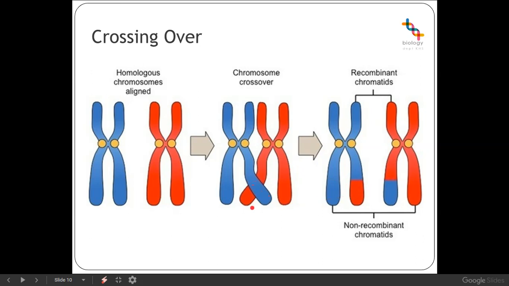And in terms of gene linkage, what we're really thinking about is the fact that, remember we said that there's specific genes present on different loci of different chromosomes. Well, it might be that we see a similar pattern of inheritance between one allele that's up here and another allele that's down here, and they'd be referred to as being linked. And you might see them because they're on the same chromosome.